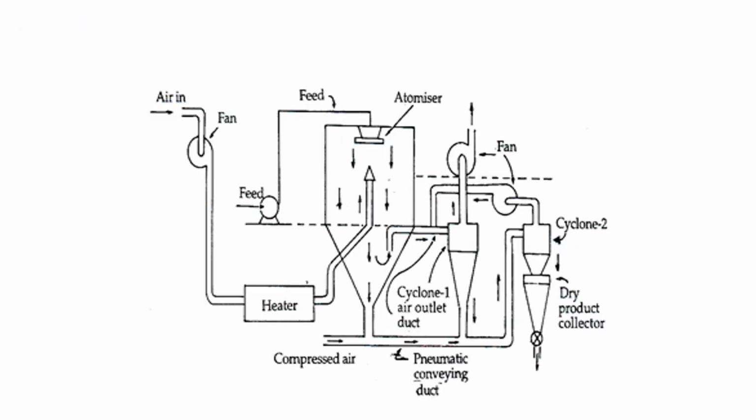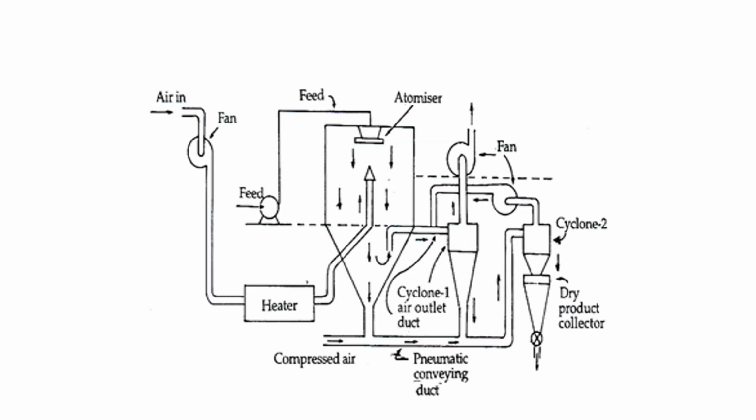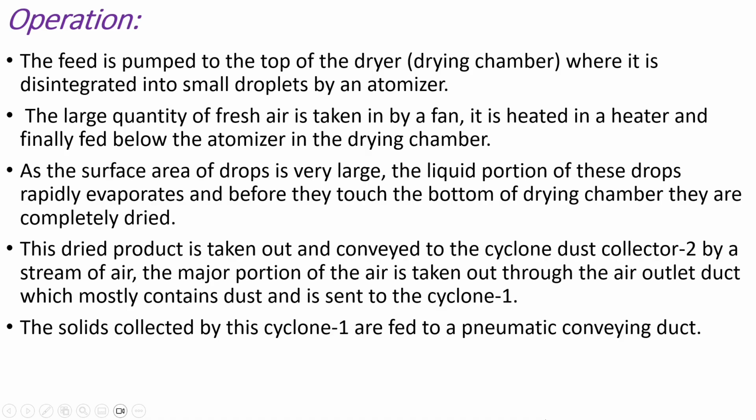So first it is sent to the cyclone dust collector from the atomizer. Then it is sent to cyclone number 1. So basically how it works, we said that the feed will be pumped to the top of the chamber, then atomization will happen.